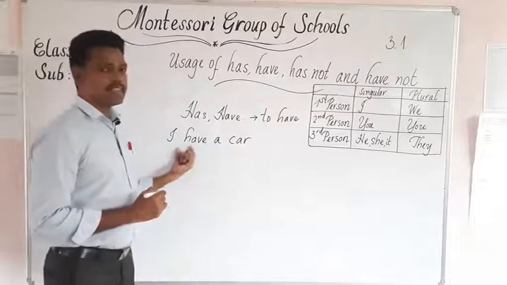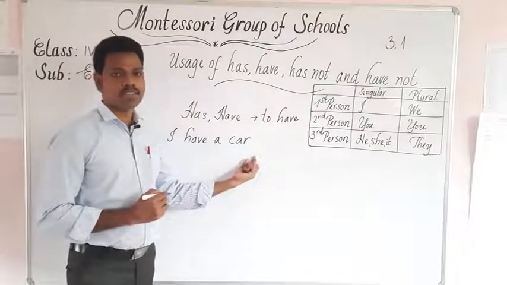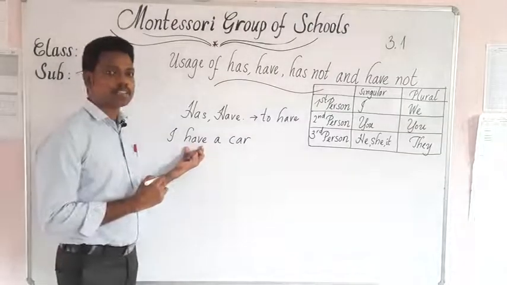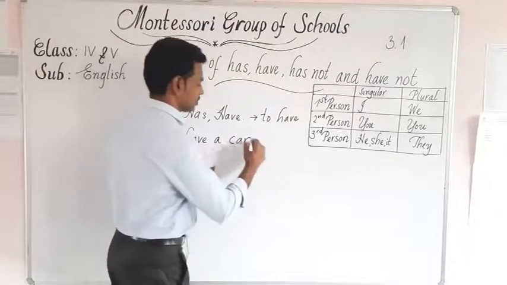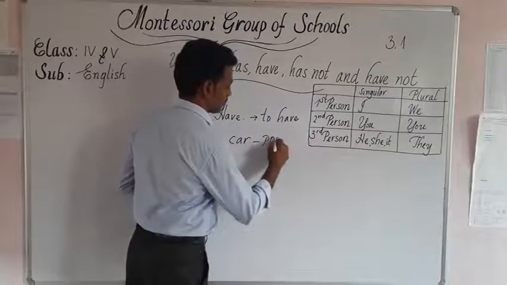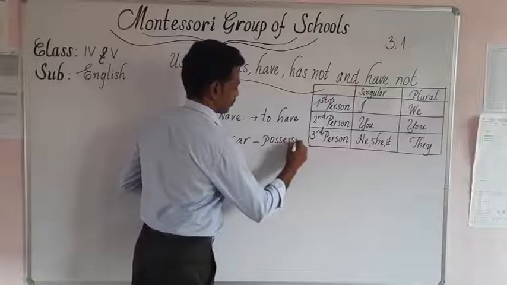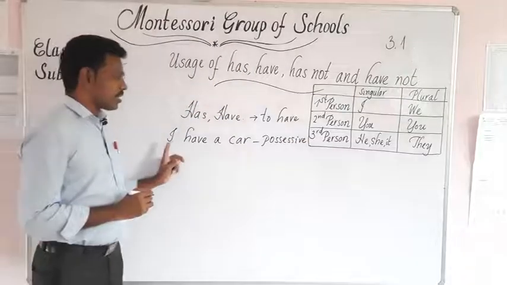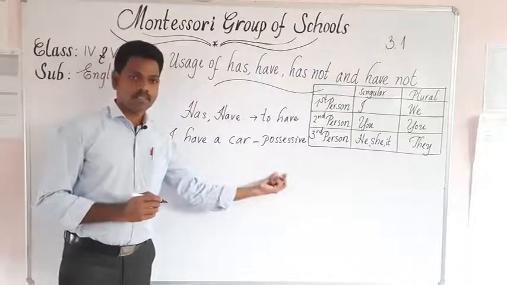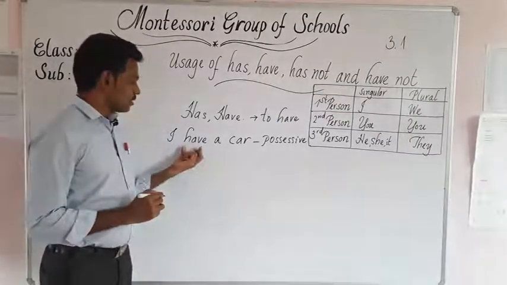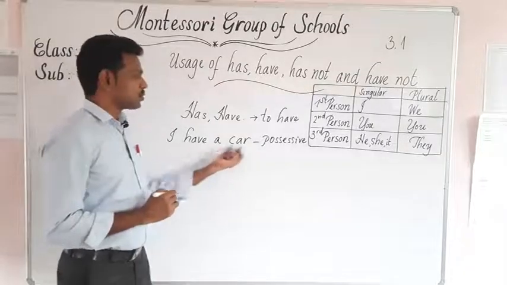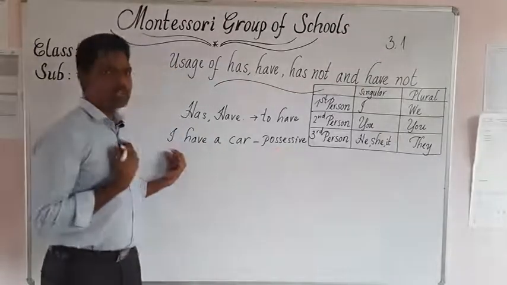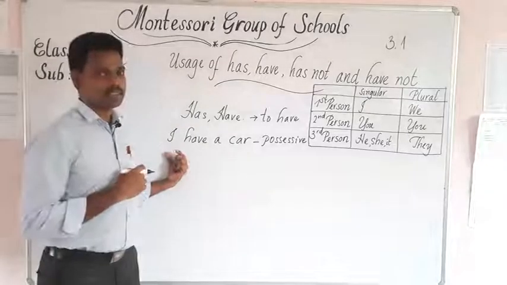In this sentence, I have a car, the word have is a possessive case. The word have shows the possessiveness. That means, I possess a car.